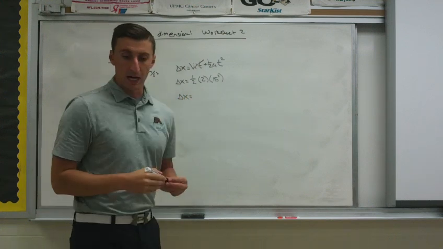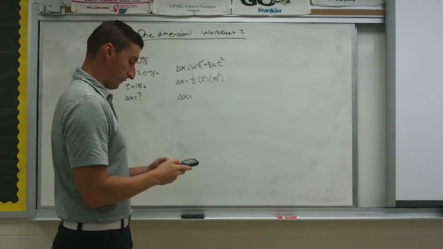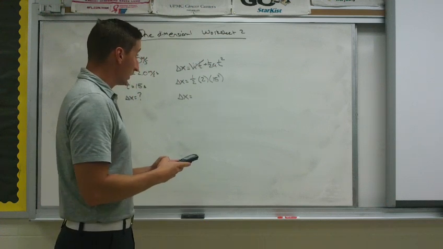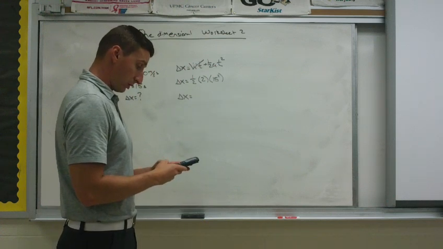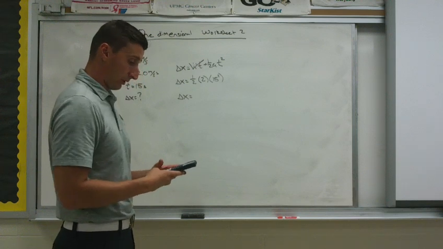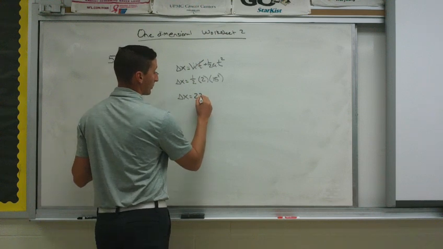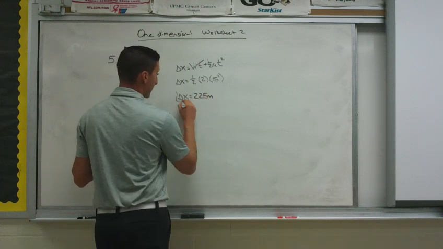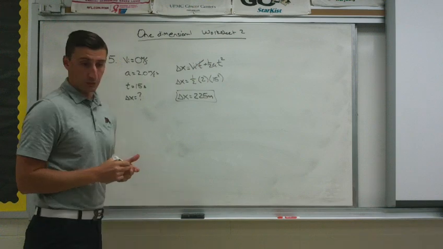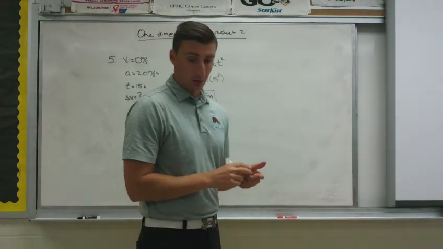In your calculator, you just do 15 squared times 2 times 0.5, so 225. 225 meters is the length of that slope. Again, straightforward here, nothing tricky. All right.